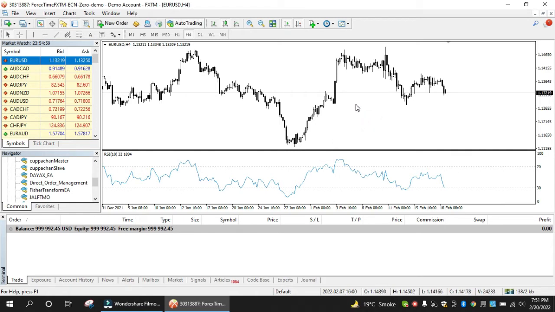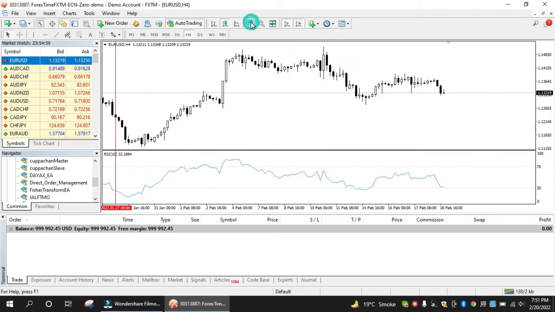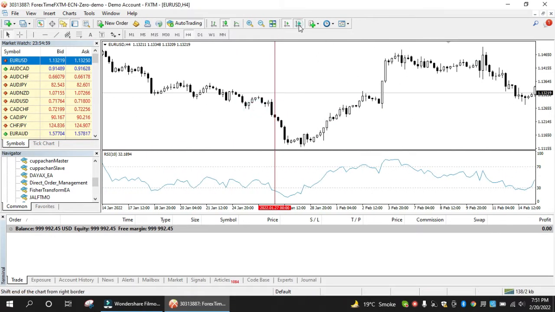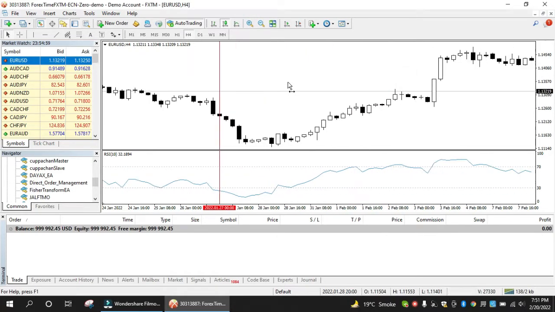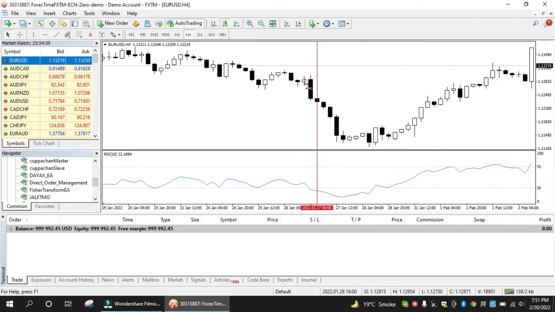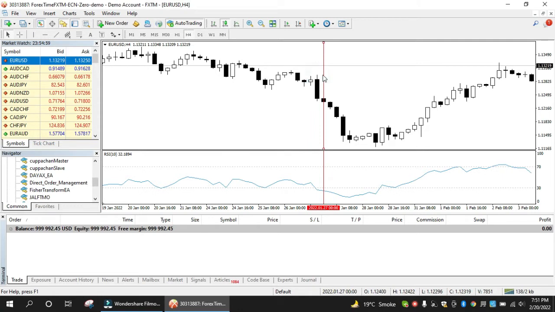And now we are going to apply the Martingale on top of this strategy. Martingale is a concept which you can apply on top of any strategy. So let's say that we are talking about this particular scenario here. If you look here, you will see that this is the candle on which the RSI crossed below 30, right?